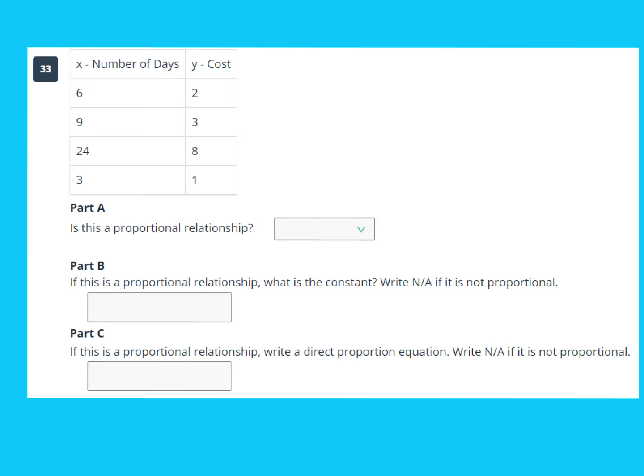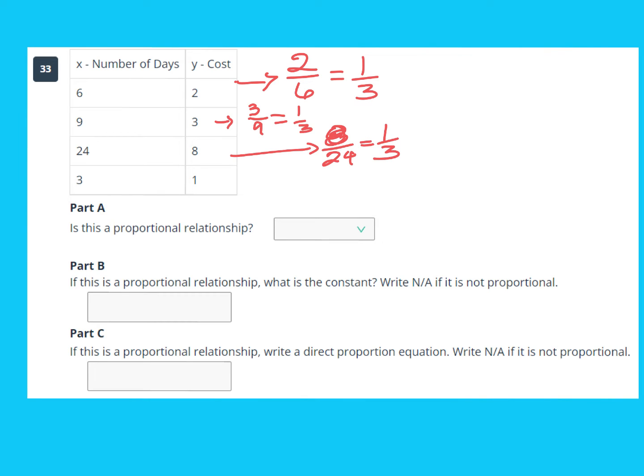First question, is this a proportional relationship? Well, what are we going to do? We are going to divide all of these y by x and see if they are the same each and every time, right? So 2 divided by 6 equals 1/3. 3 divided by 9 equals 1/3. 8 divided by 24 equals 1/3. And 1/3, of course, equals 1/3. Is this a proportional relationship?